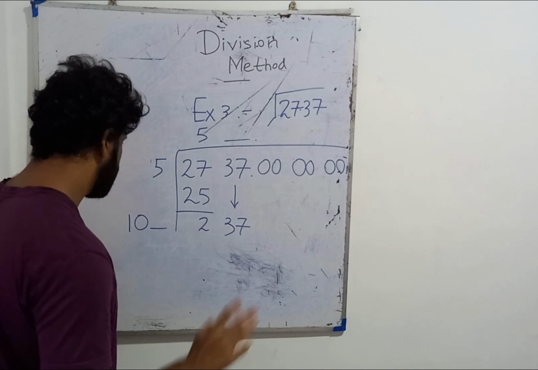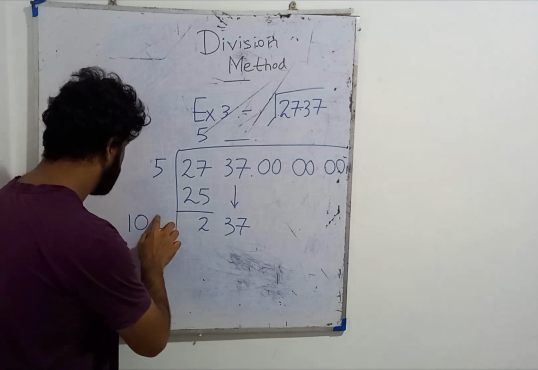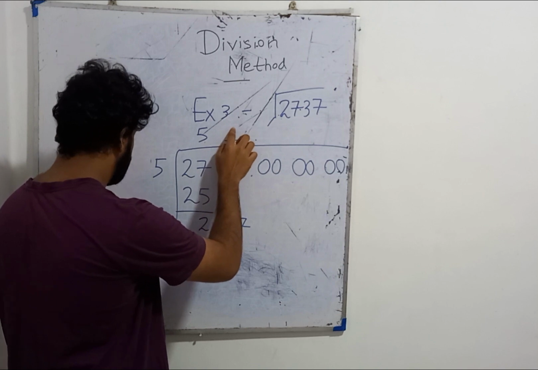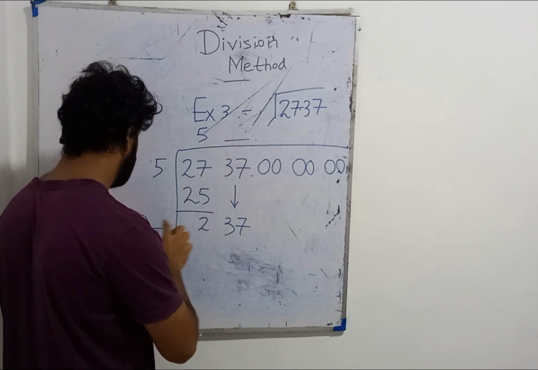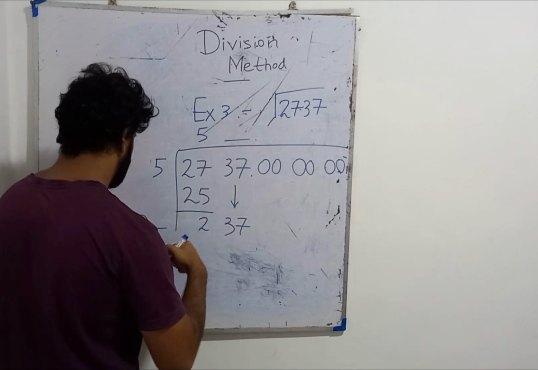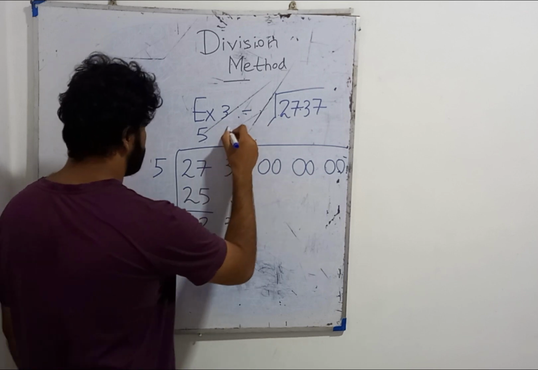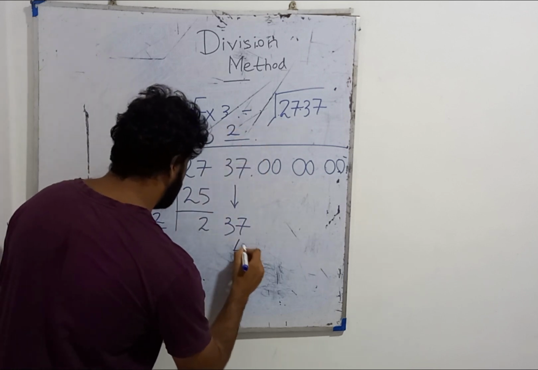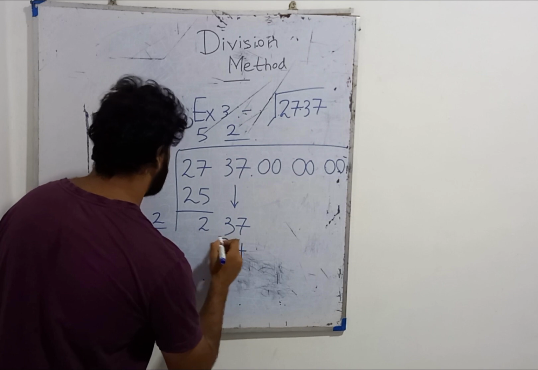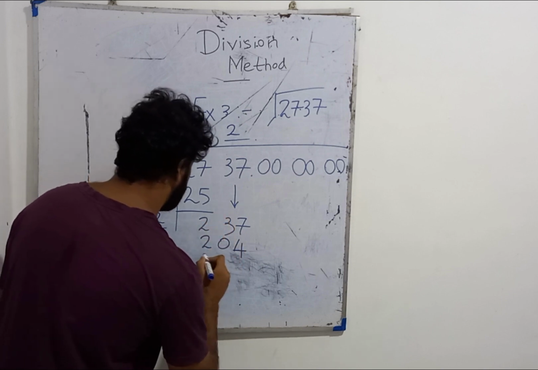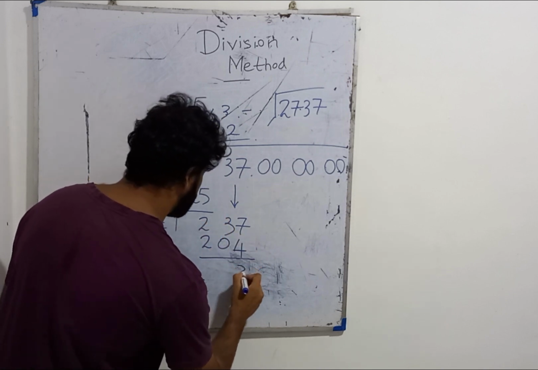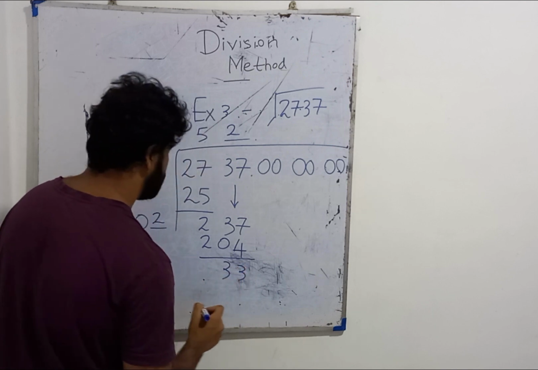Then you can't add 3. You have to add 2, right? If you add 3 and 3 here, then it's going to be 300 something, 309. You have to add 2. 2 and 2, then 4, 0, 2, right? Then 3, 3.